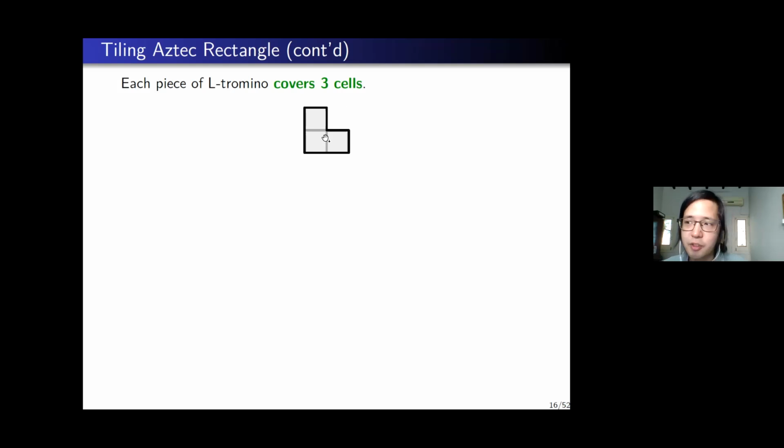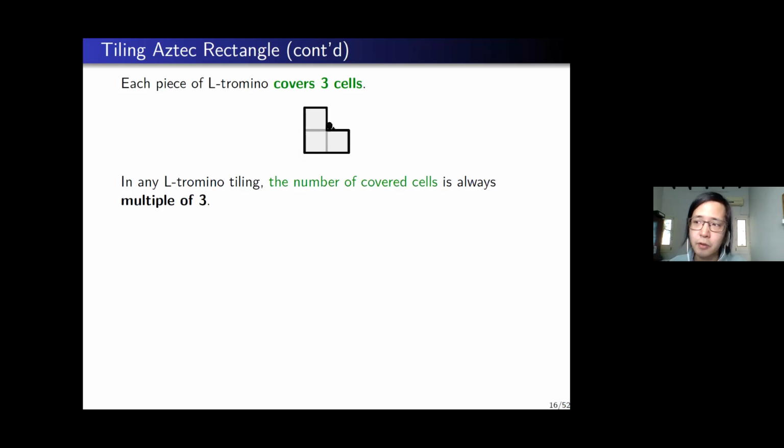This is an L-tromino, and it covers 3 cells. Therefore, every L-tromino tiling will always cover a multiple of 3 cells. This is a very basic necessary condition for the existence of an L-tromino tiling.